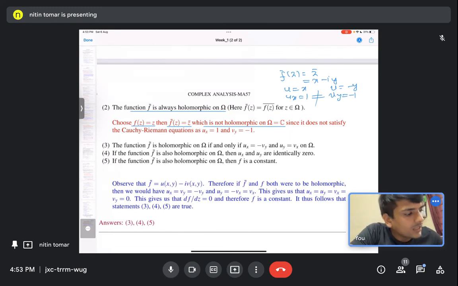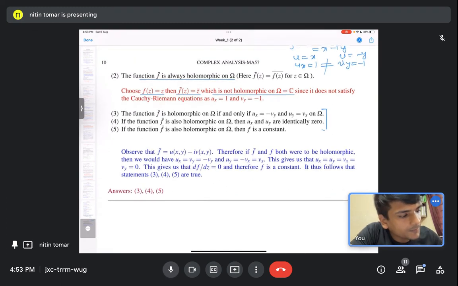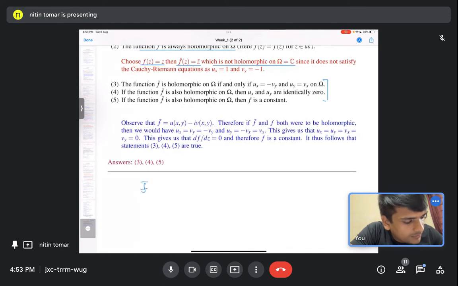Okay. Now let's prove one thing first: that if f bar is holomorphic on omega, then f is constant.